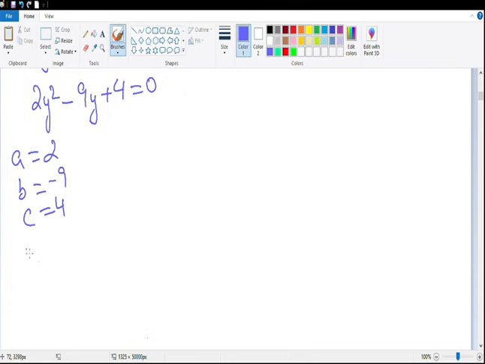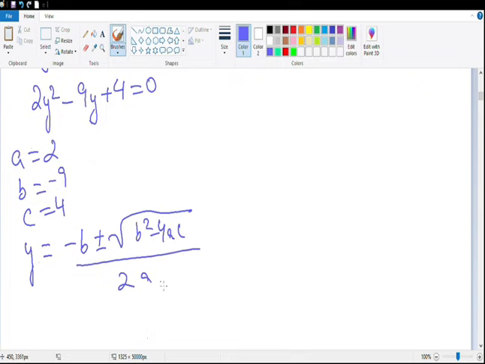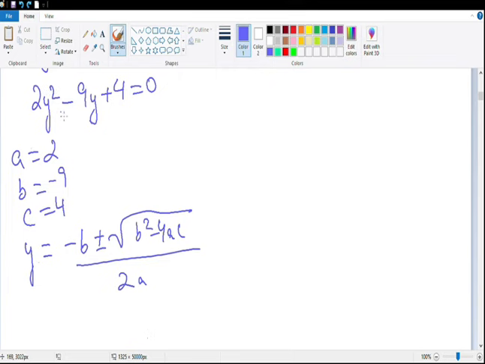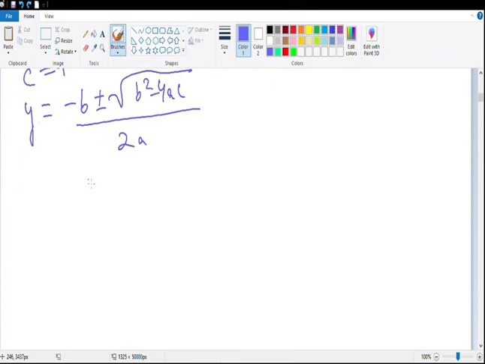And the formula is y is equal to negative b plus minus square root of b squared minus 4ac divided by 2a. And yes, there is supposed to be an x here, but in our problem, the variable is y.